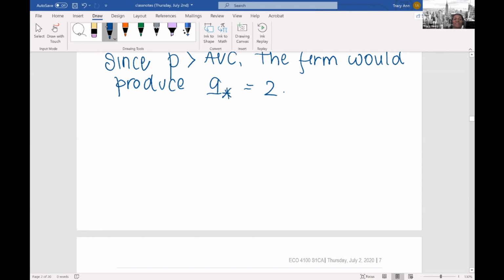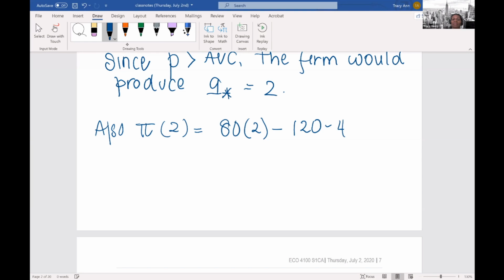And actually, what we can do here, we can calculate the profit. If we calculate the profit at 2, we're going to get what?